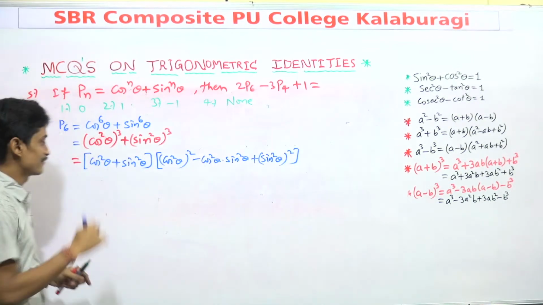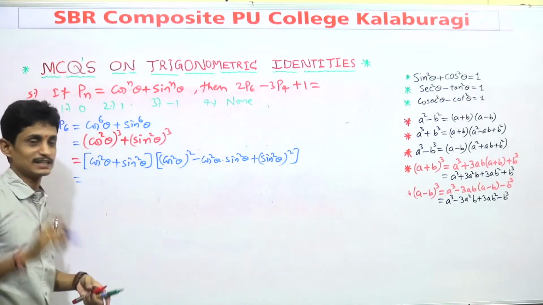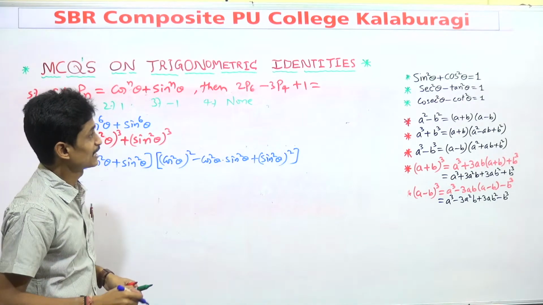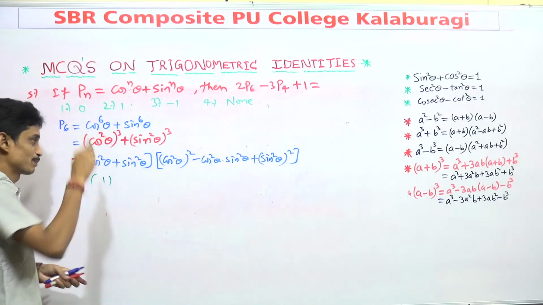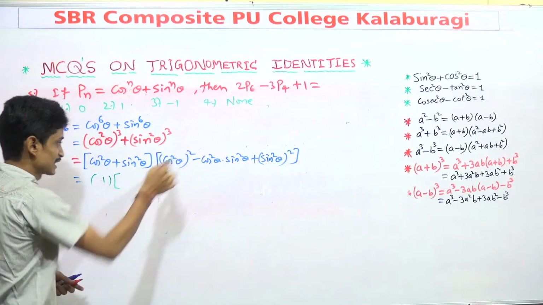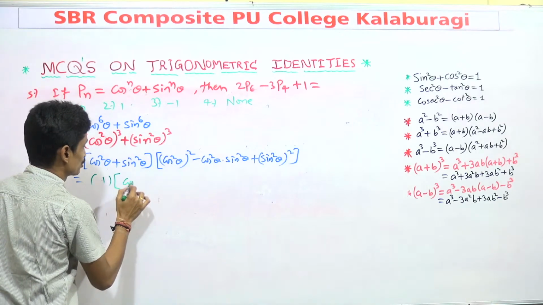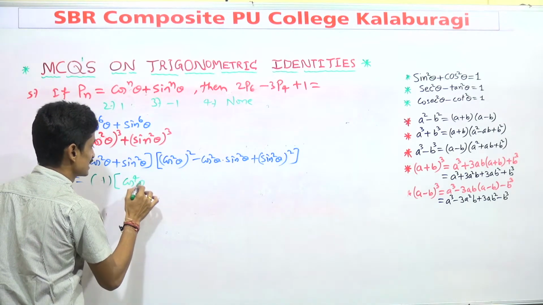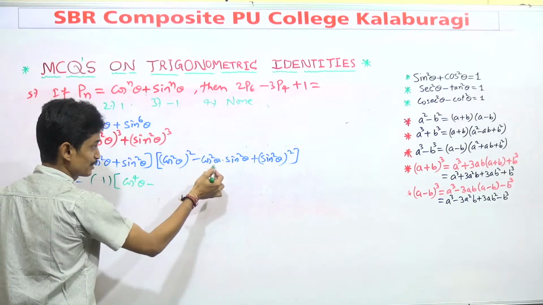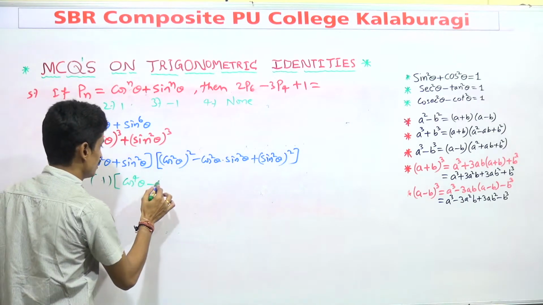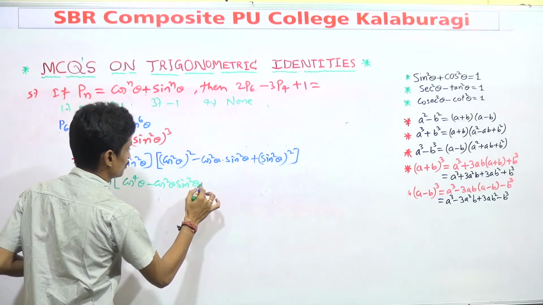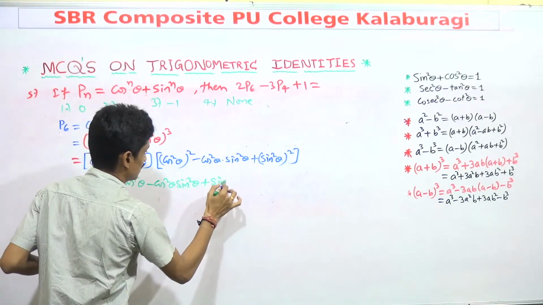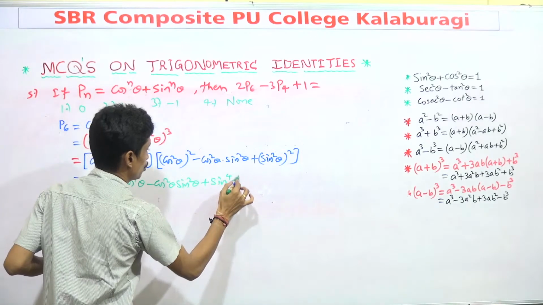Now simplify. The first term, in the form of the identity sin square theta plus cos square theta, is 1. So this value should be 1. And inside the bracket, this is cos power 4 theta minus cos square theta sin square theta plus sin power 4 theta.